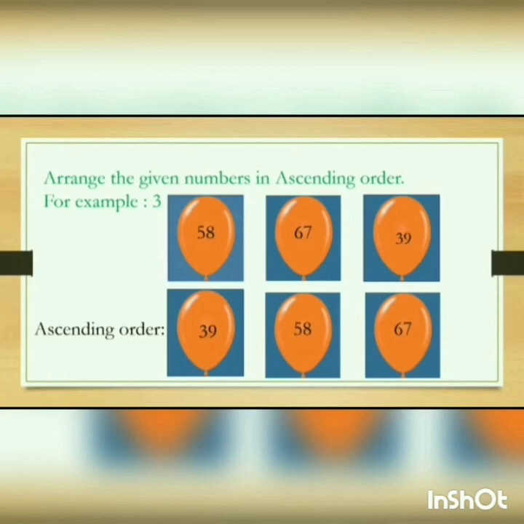So, the first, smallest number will be 39, then the middle number 58, and then the biggest number 67. So, 39, 58, and then last 67. We arrange in ascending order.